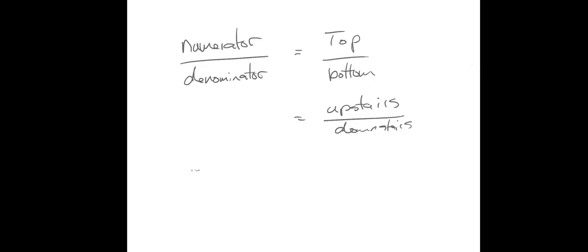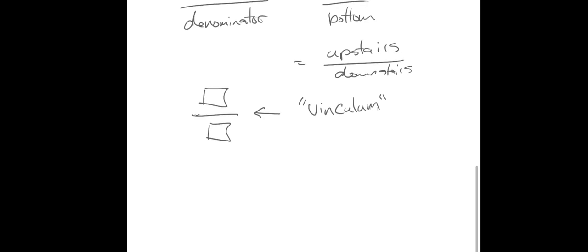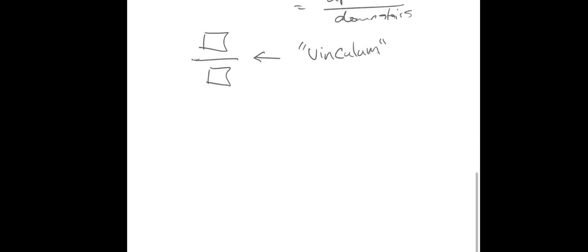So the question that I actually looked up before I started this is, what's the name for the line there? And it's actually the proper term for it is the vinculum, which is probably Latin, but we're just going to say the fraction line. What it really means is that we have some part of the top number out of the bottom number.